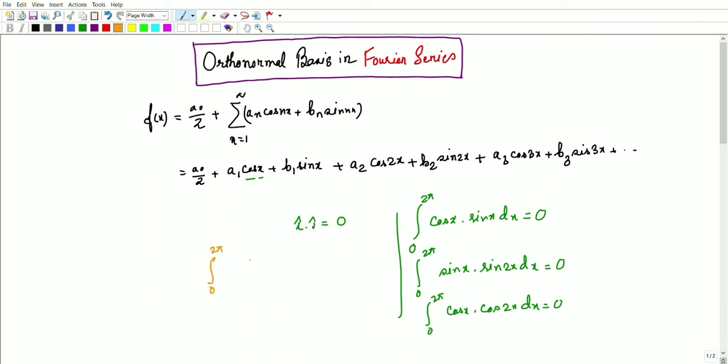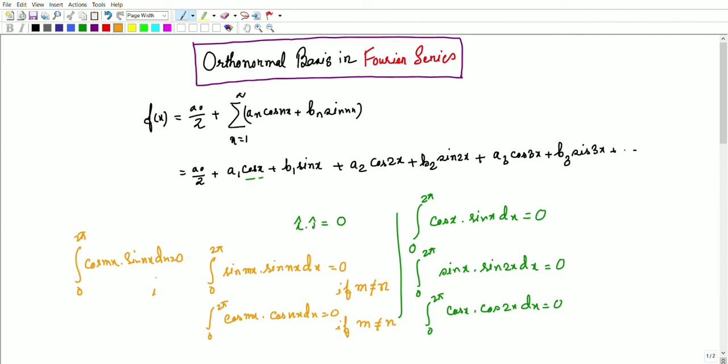Okay, so in a short form we can write this thing like this: the integral from 0 to 2 pi of sin mx sin nx dx is 0 if m is not equal to n. Similarly, the integral from 0 to 2 pi of cos mx cos nx dx is equal to 0 if m is not equal to n, and the integral from 0 to 2 pi of cos mx sin nx dx is equal to 0 for all m and n.